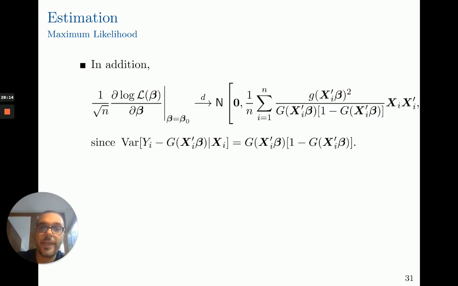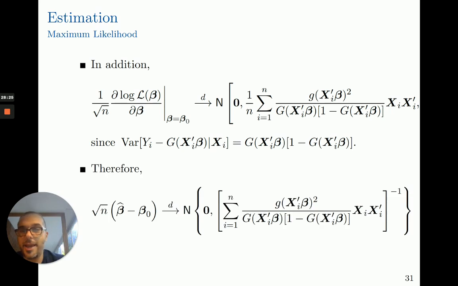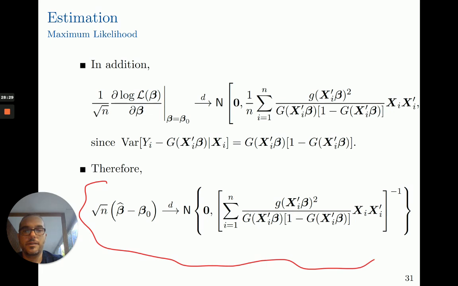So we can show that the gradient will converge to a random Gaussian variable, and that's what's important here.